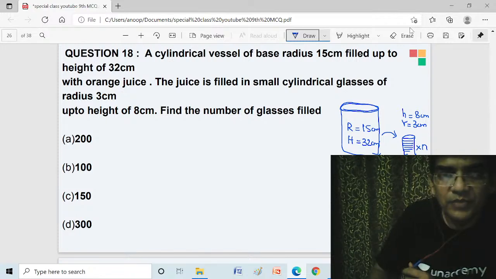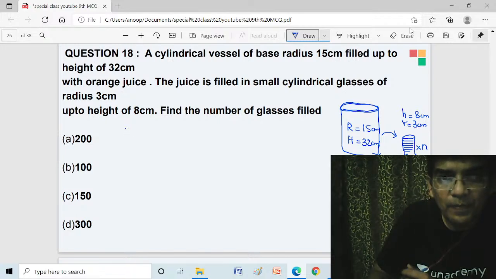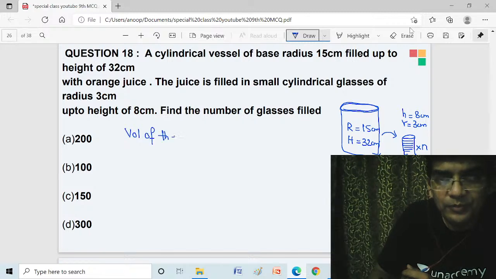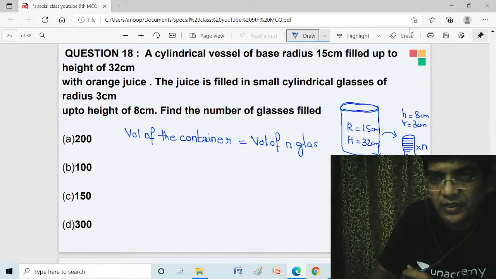So volume of the container is equal to volume of n glasses.